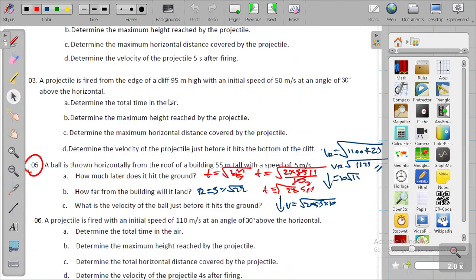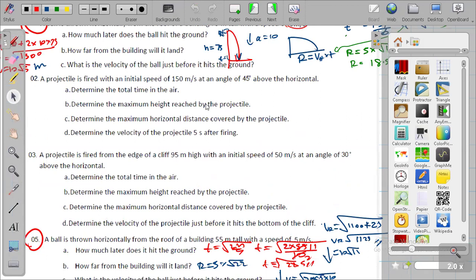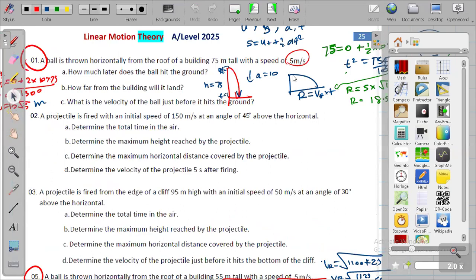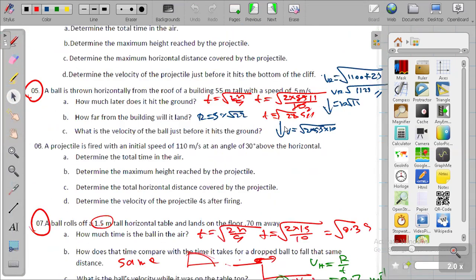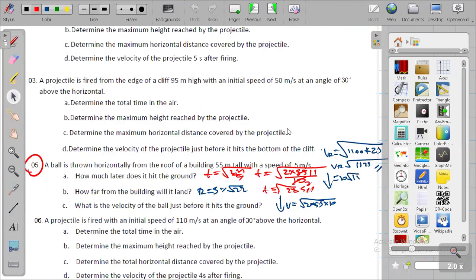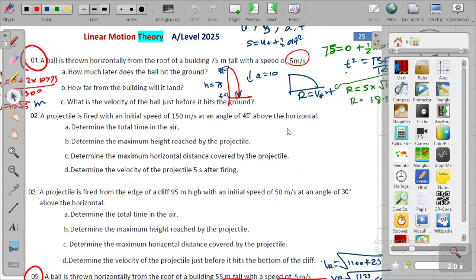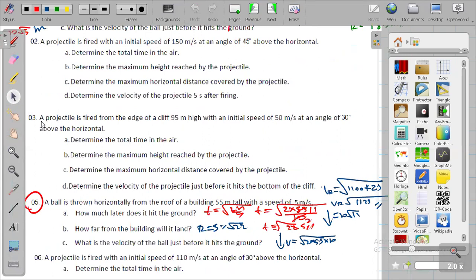It is supposed to be projectile motion at an angle, so now we have to do the projectile motion at an angle. Before, we only did the horizontal projectiles. So my dear students, we have to do question number 2 and 3.